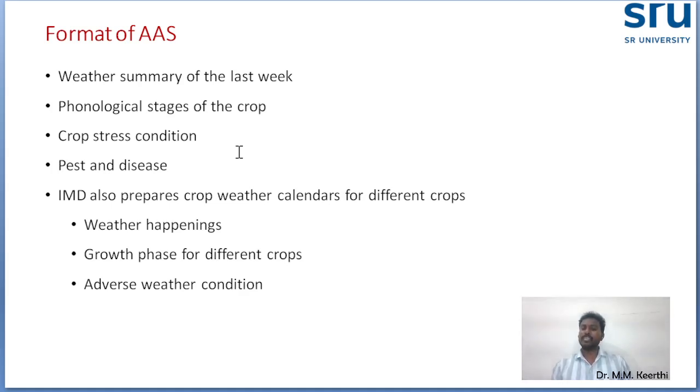For example, black gram at the pod formation stage: what is the weather condition, what type of pest or disease will occur, and how to manage it. Likewise for chili and all agriculture and horticulture crops, they give details based on the crops grown in that region. Like that, for each and every district, place and state, they give weather forecasting through agro advisory services.